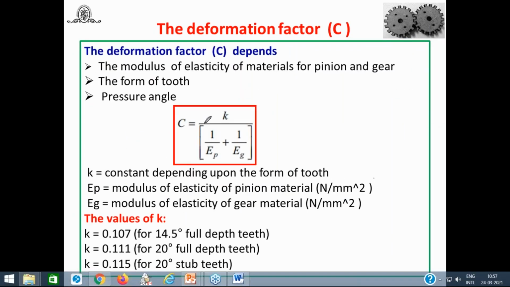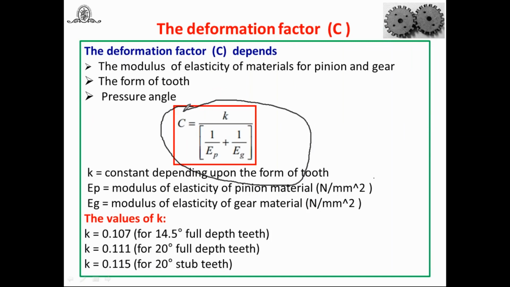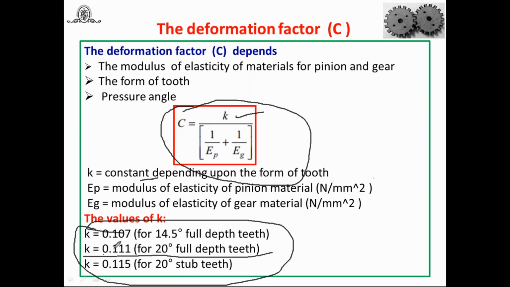You know very well, to calculate the deformation factor, we have the equation K upon (1 upon EP plus 1 upon EZ), where K is a constant that depends on the form of tooth, and these values are given in the data book or our Bhandari's book also. For 20-degree full depth, K is equal to how much? 0.111 upon 1 upon EP.